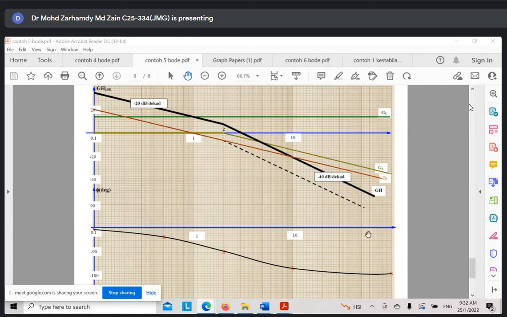Maksudnya kat sini adalah gain margin. Ada soalan tak? Nanti gain margin, phase margin, we will do the exercise on Thursday.